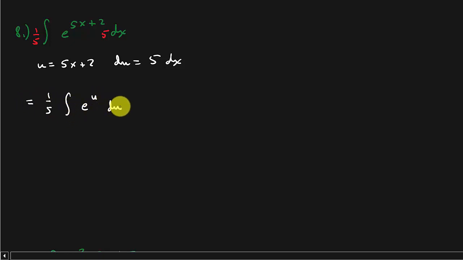When we make our substitution, the 5x plus 2 is being replaced with u, and the 5 dx is being replaced with du. And so this is 1/5. Let me write that better. That's 1/5 e to the u plus c, which is 1/5 e to the 5x plus 2 plus c.